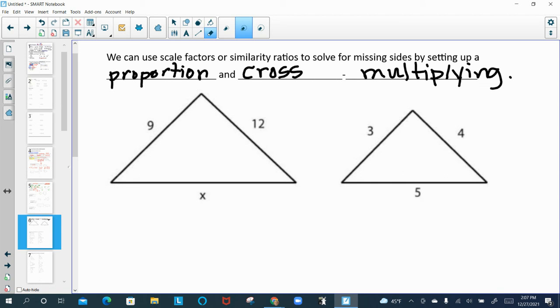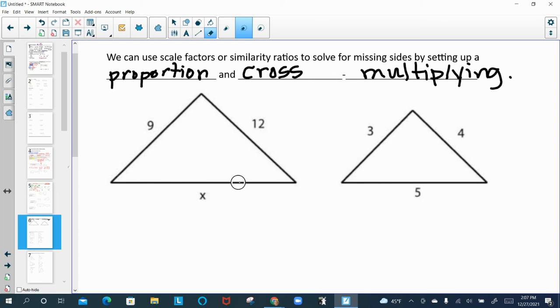So what's going to happen here is we're going to have a small side right here that matches up with this small side. We're going to have a medium side here that matches up with this medium side here. So the 12 and the 4 are going to be similar partners.